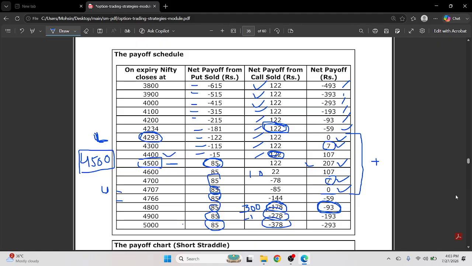So if the market does not move much, you could benefit from time decay, because in call writing, when you write the call, theta will work in your favor. It works against the call buyer.